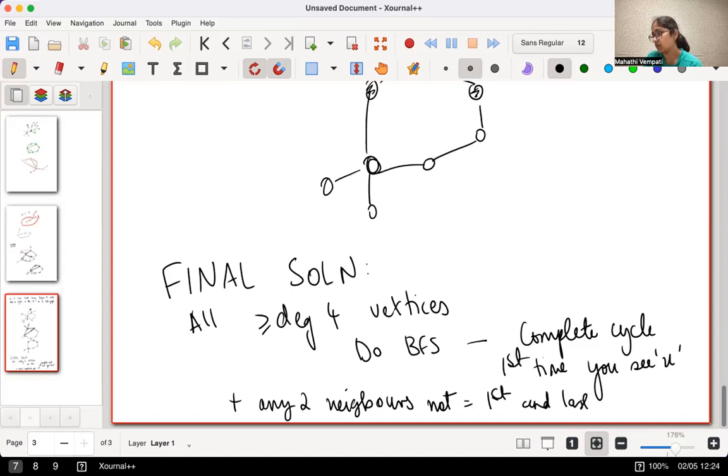I can just mark first and last. I mean, at most 4 indices I have to find the rest.